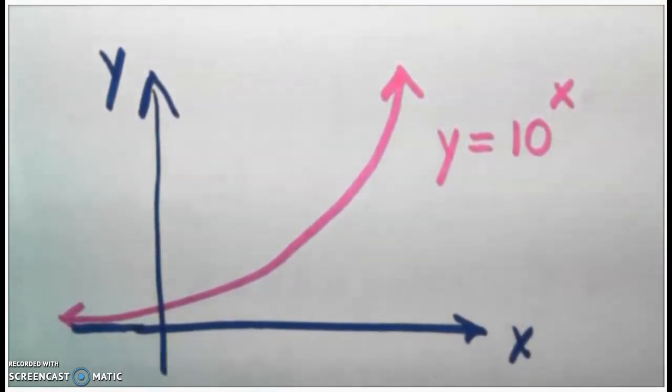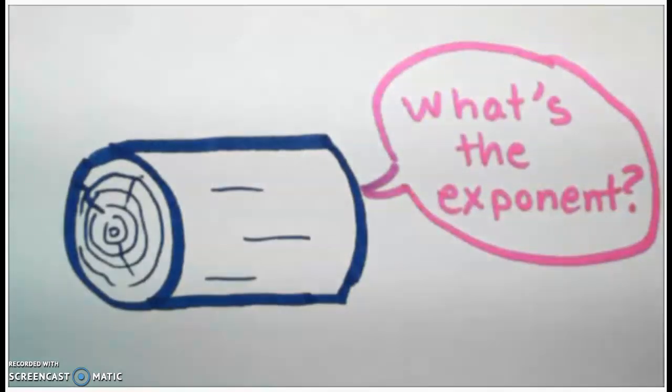When things are very small and very big, you want to ask, what's the exponent? Because writing out the regular number can be too small or too big to be easy to handle. It's much easier to ask, what's the exponent? Logs ask, what's the exponent?